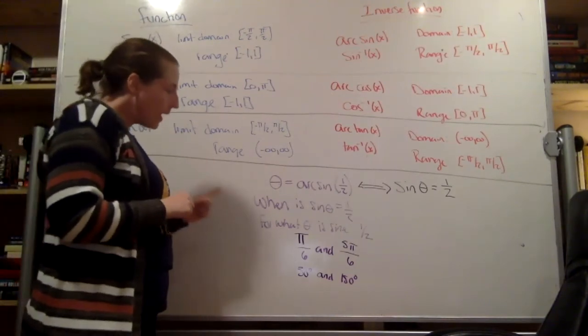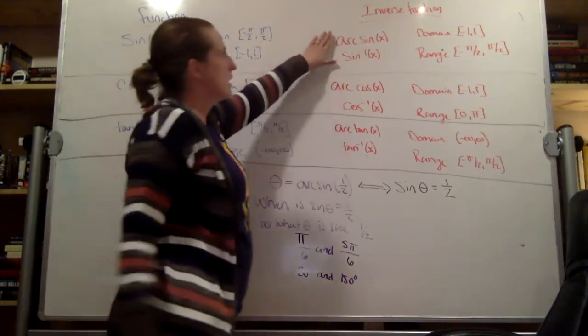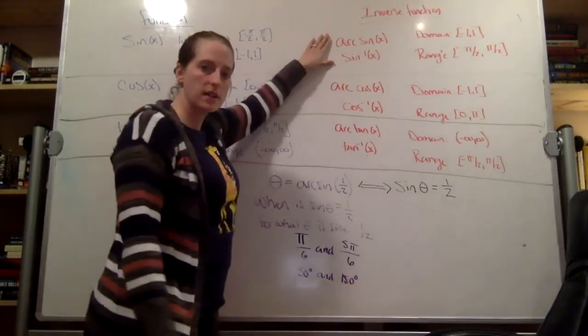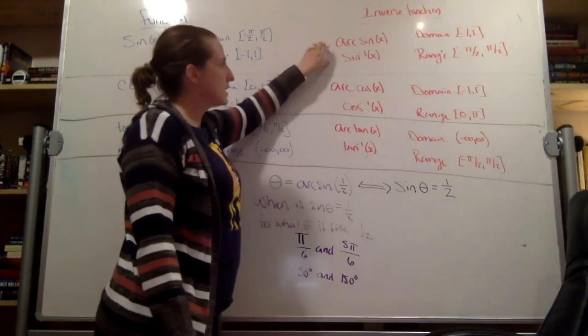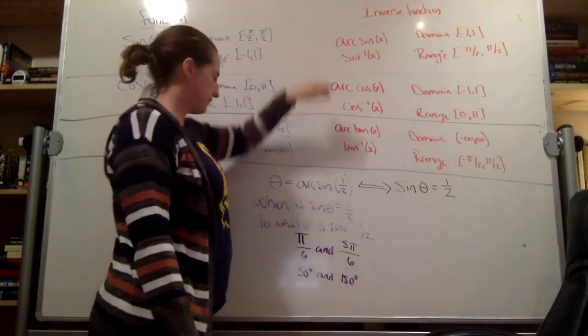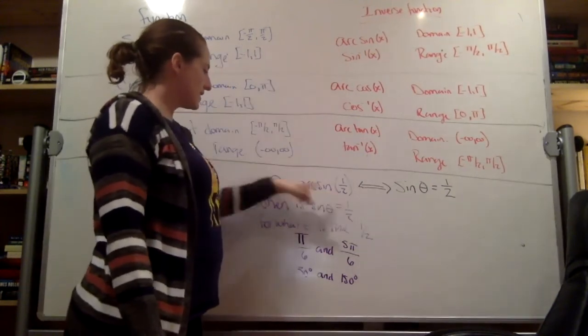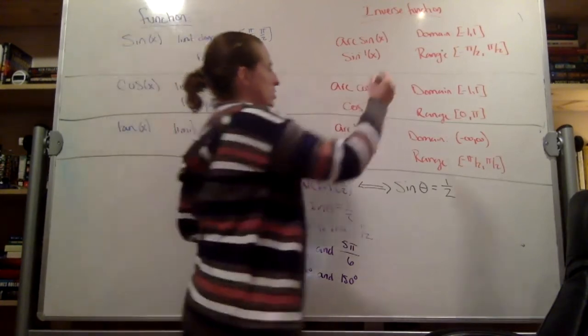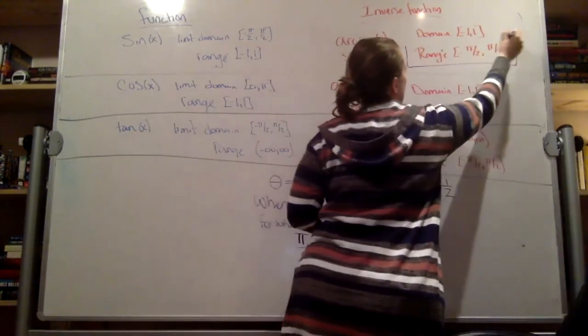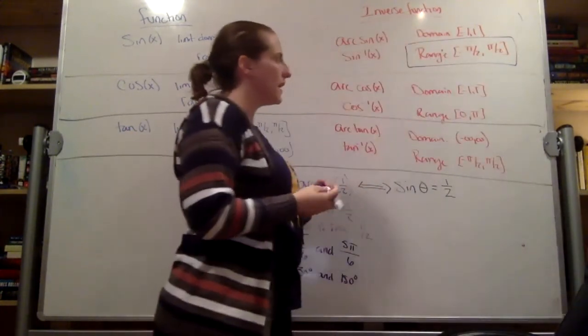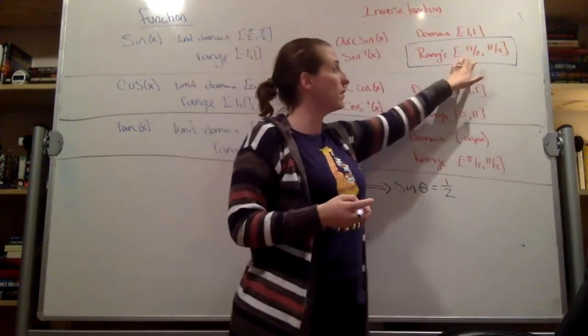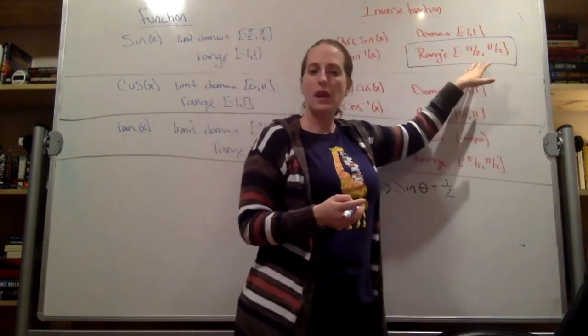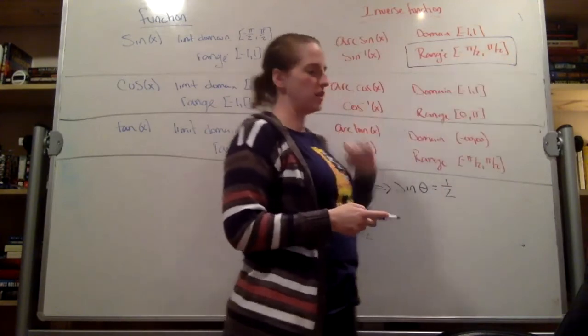Now, really, the way this question is phrased, there's only one answer. To think about why that is, we have to go back to how we defined our arcsine function. This is saying arcsine equals theta, so theta is in the range of our arcsine function. But the range of our arcsine function is from negative π/2 to π/2, or negative 90 degrees to 90 degrees.